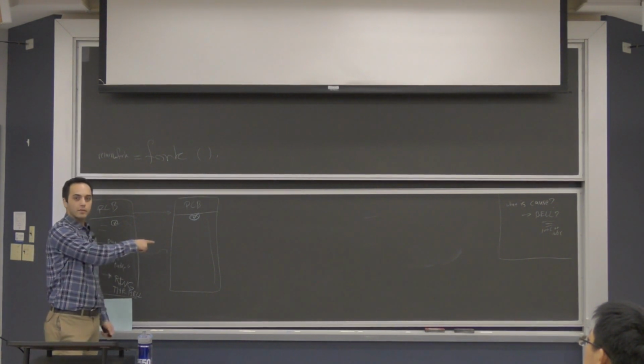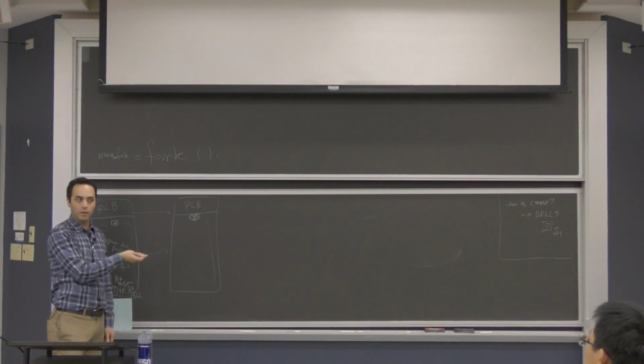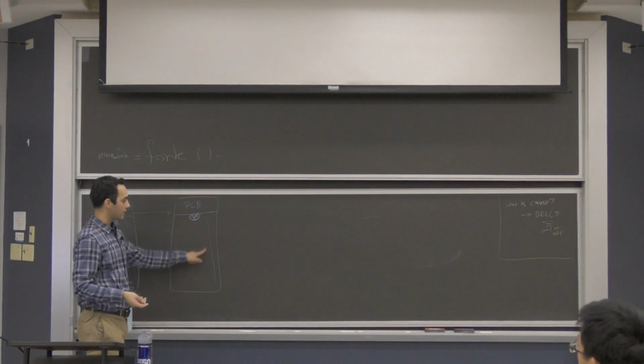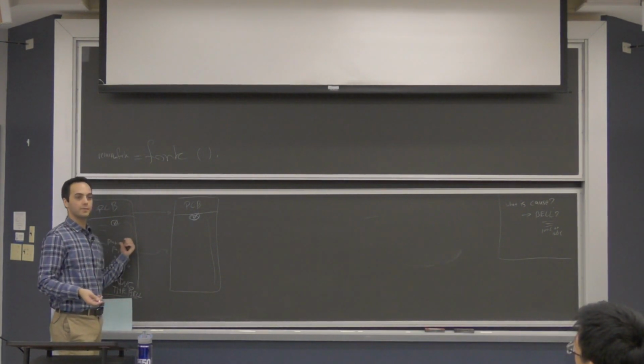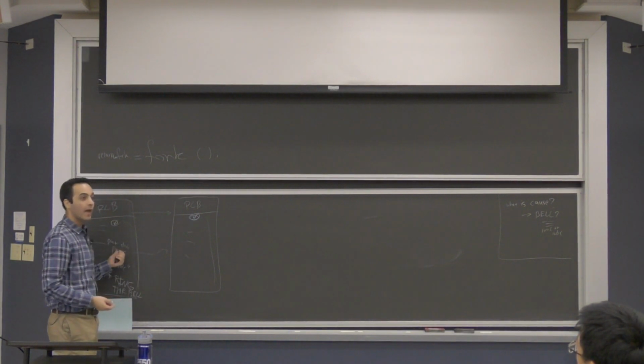Remember, this is a process. At some point, this will get scheduled by itself, right? Now, remember that this is very similar to this. The code in here will be this.